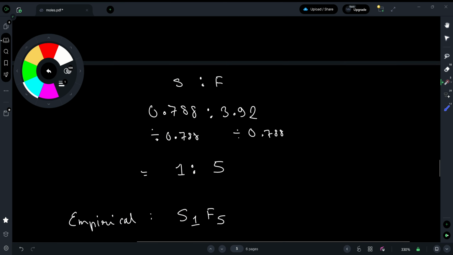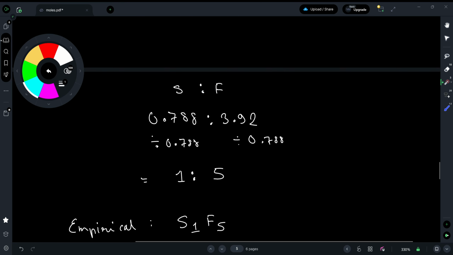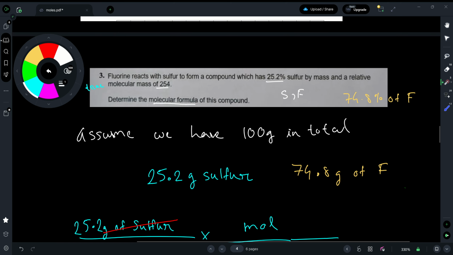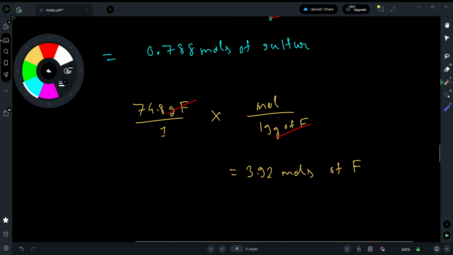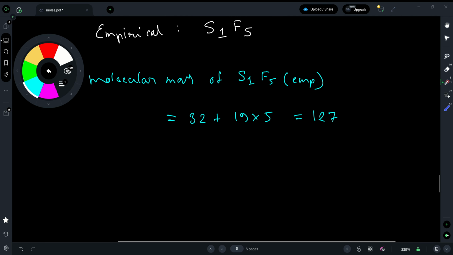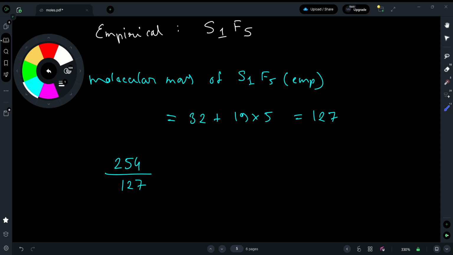So what we do to find this conversion factor, this number, is we divide 254, the molecular mass, by the empirical mass. So this was empirical. So 254 divided by 127.